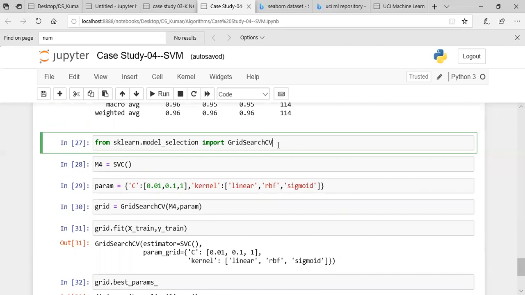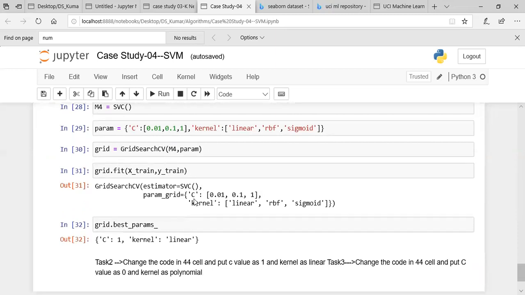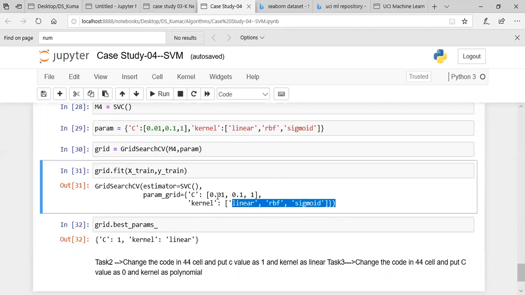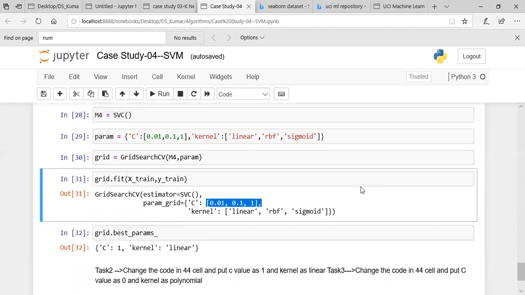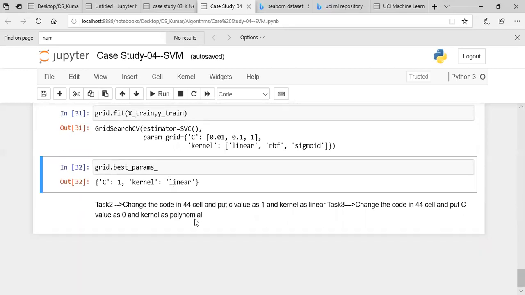But GridSearchCV's main significance is to suggest the best parameters, because here I have 3 kernels and 3 values of my regularization parameter. A total of 9 combinations would be there. Rather than checking all these 9 combinations by brute force, I can bank on GridSearchCV so that it can suggest the kernel is linear and the C value is 1. Okay, so that is what I want to share with you guys.